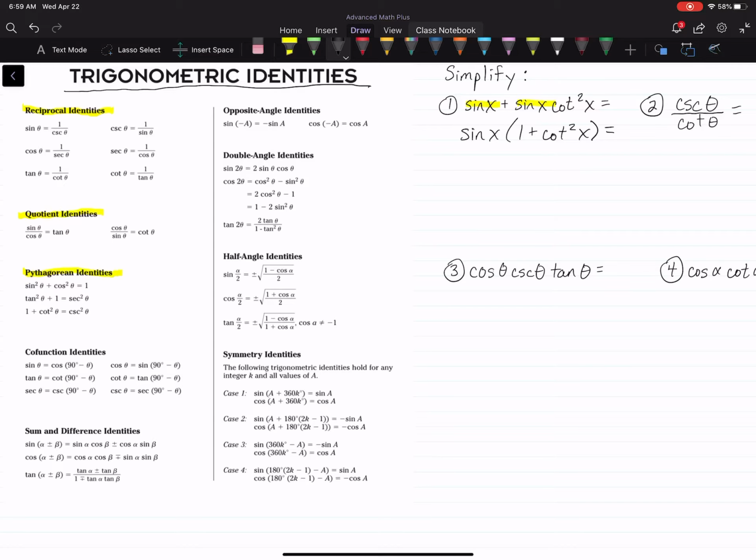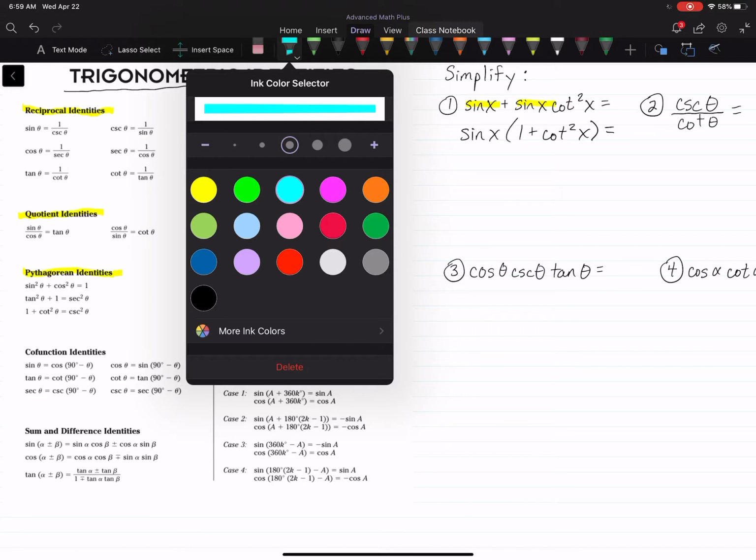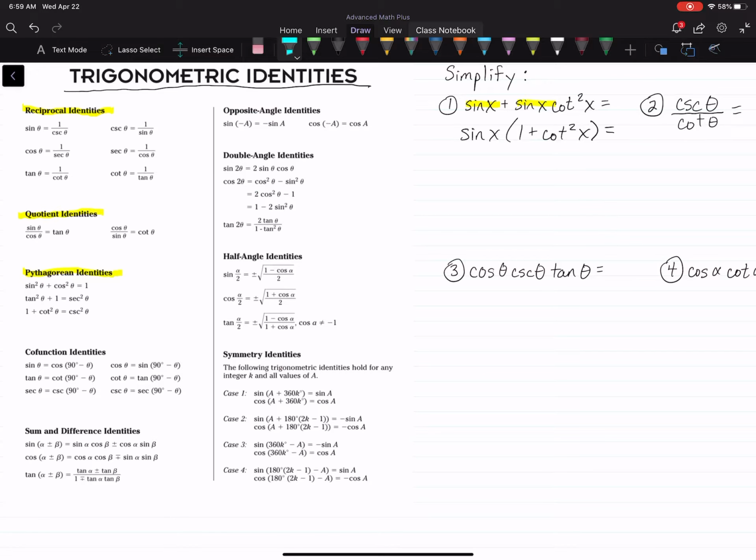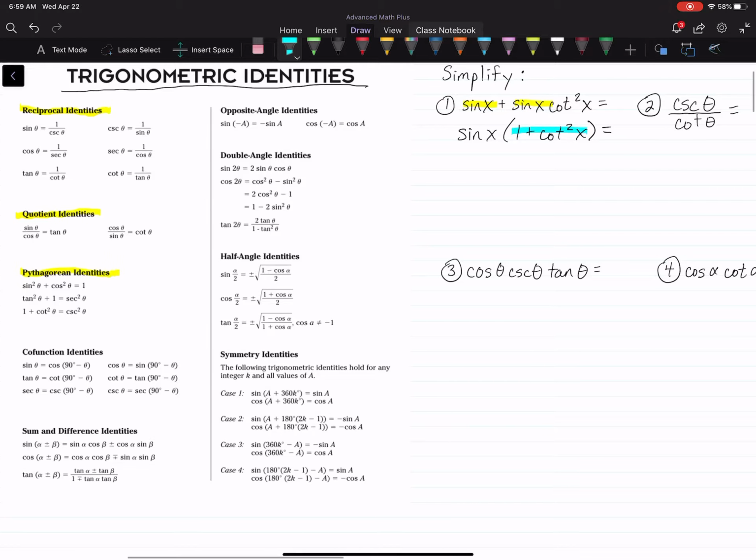Now we have this in parentheses, 1 plus cotangent squared x. What you need to always remember to help you familiarize yourself with them is when you see a square, you need to think Pythagorean identities, which are these right here. Think Pythagorean identities when you see something squared.